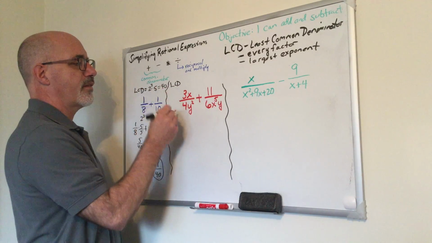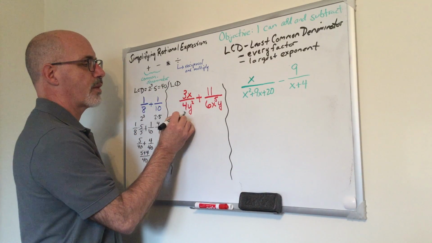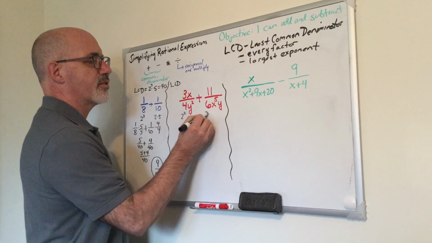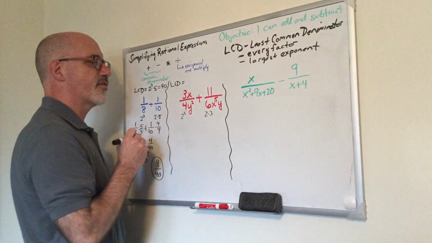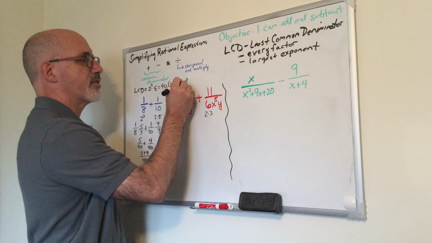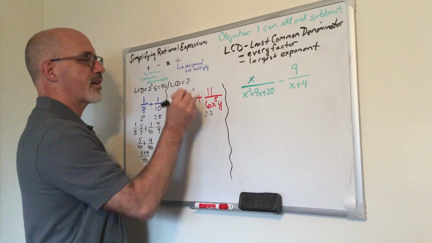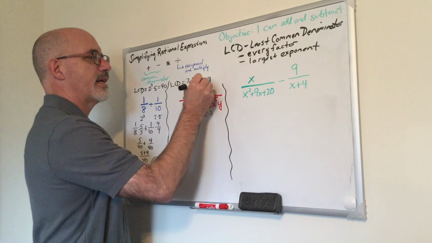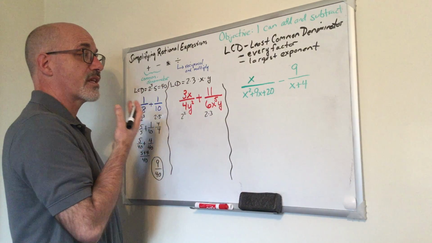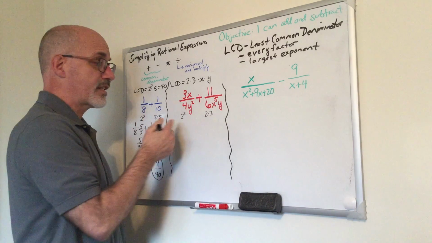For this one, if you notice, 4 is 2 squared, and 6 is 2 times 3. So now I've got all the factors in factored form, and I'm going to take the 2 as one of the factors, the 3, and I've got an x, and I've got a y. Now I look at all of them and ask, what's the largest exponent on the 2's?